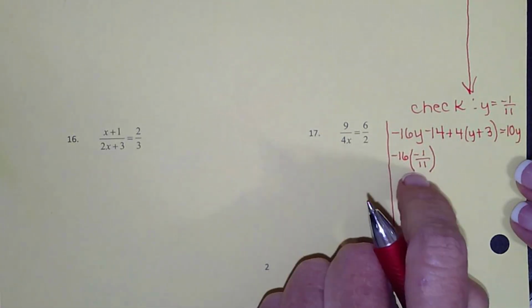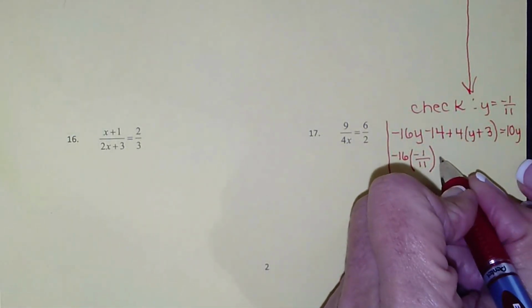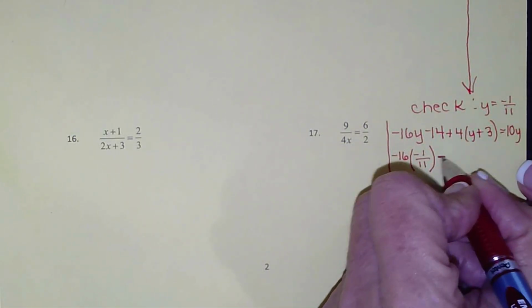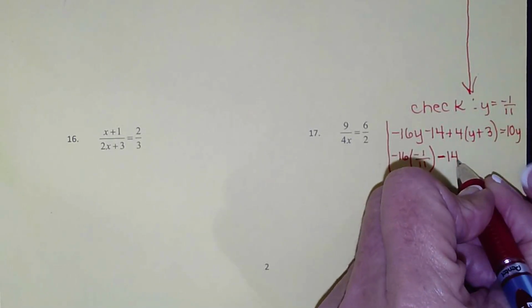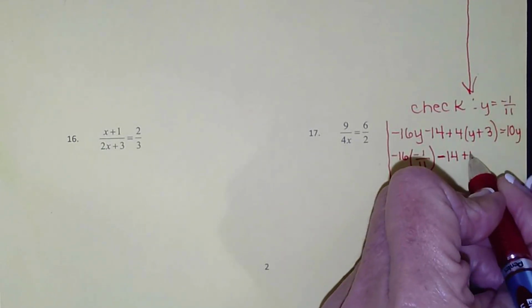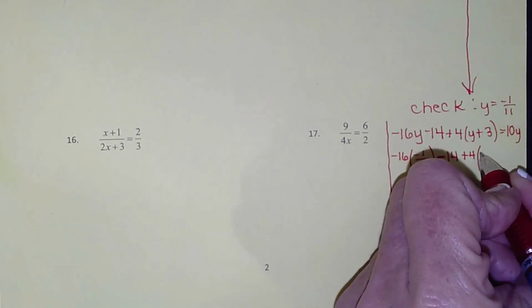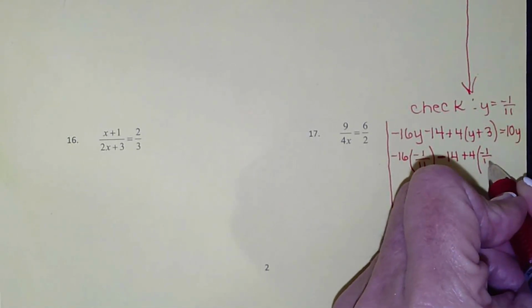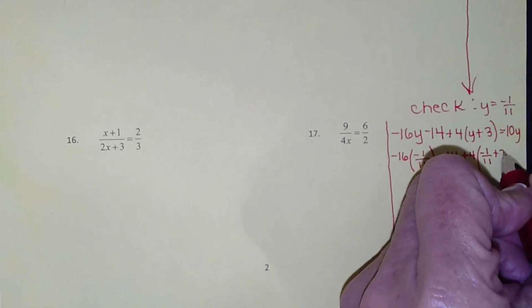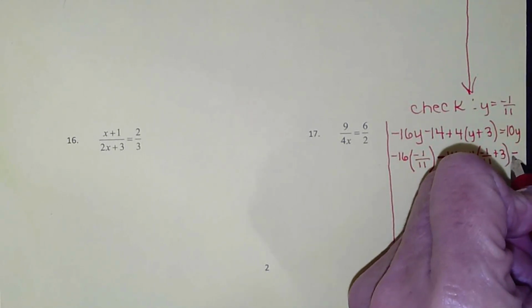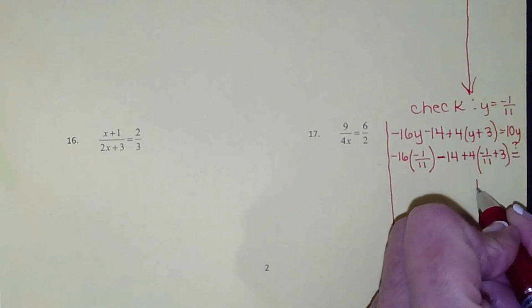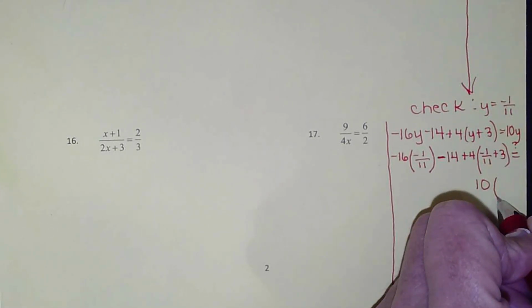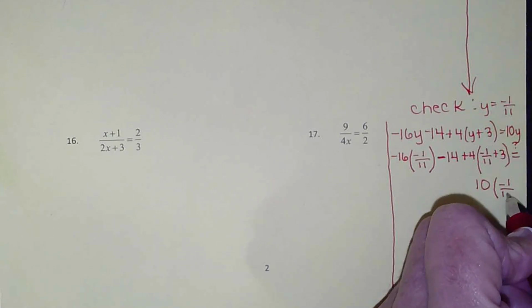So that's why we put it in parentheses so it doesn't get mixed up with subtraction. Now this is subtraction. Subtract 14 plus 4 times negative 1/11 plus 3 in parentheses. Does that equal 10 times negative 1/11?